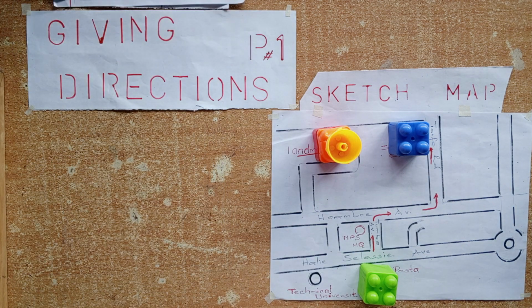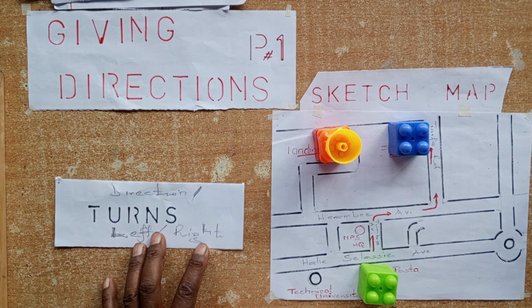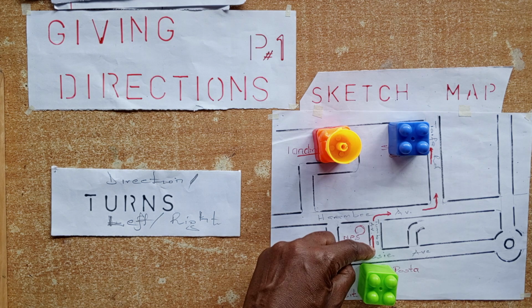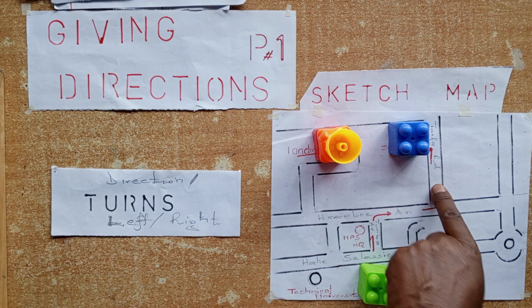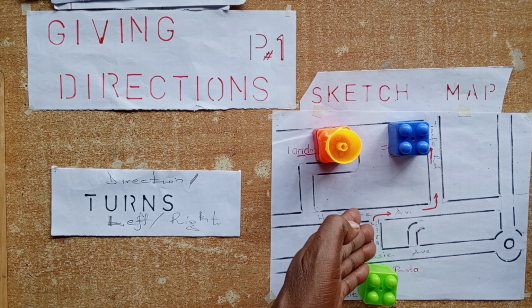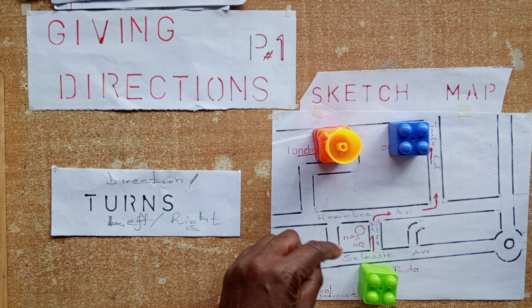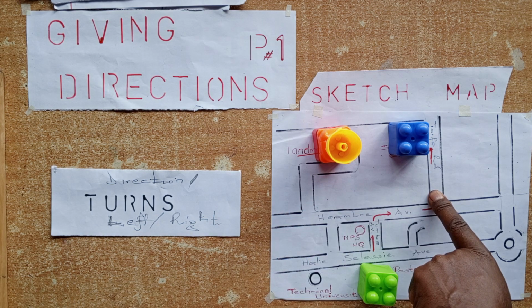When giving direction, don't forget to mention the turns. If you look at this map, there is this turn, there is this turn. What is the appropriate term to use here? Is it right? Is it left?